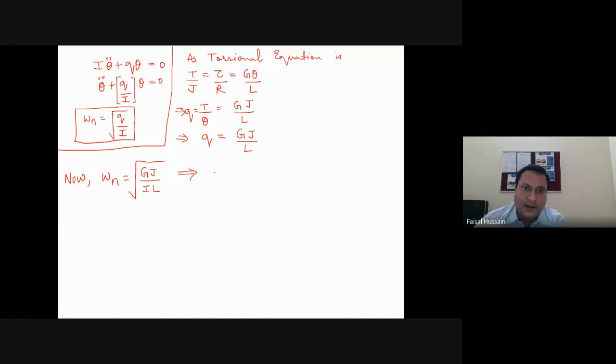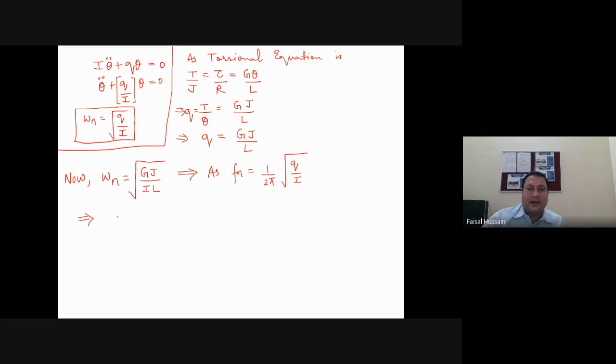And what is natural frequency? 1 upon 2 pi root of q by I. This is your natural frequency.